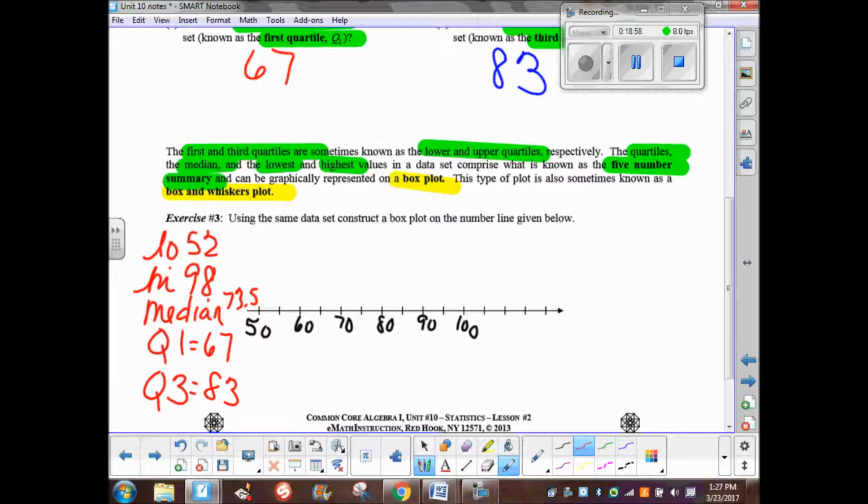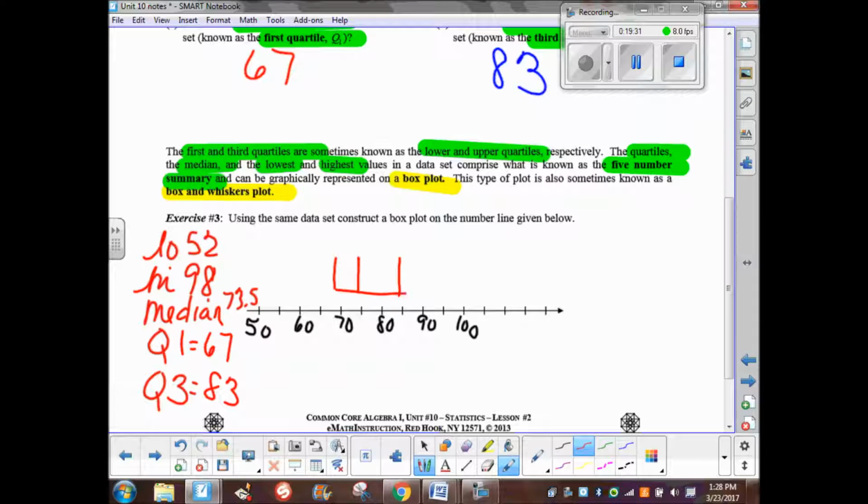So the box is made up of Q1 through Q3. Q1 is 67, so about right there. Q3 is 83, so right there. And the median is 73.5, right in there.